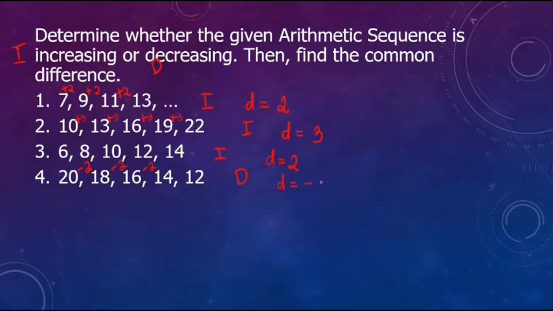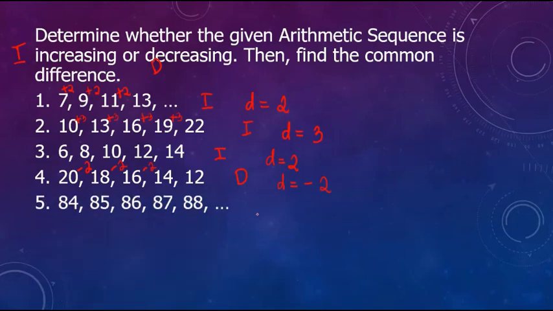So, therefore, the common difference is negative 2. Check. Decreasing. So, dapat negative. So, tama. Okay, next. So, hindi pwede na increasing siya tapos ang common difference niya negative ha. Mali yun. Kapag increasing, laging positive ang common difference. Kapag decreasing, laging negative ang common difference.